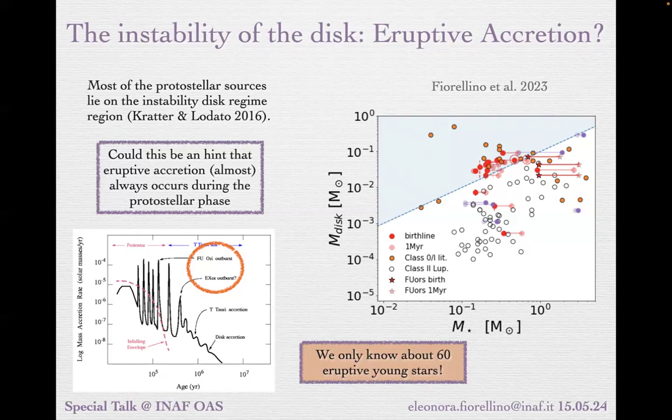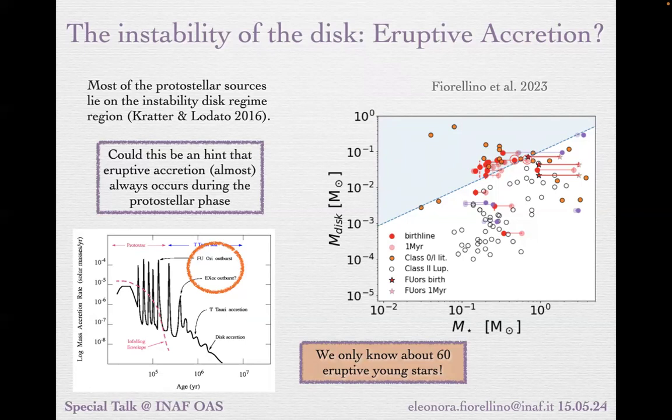So it can be that the disk is so massive because of the material coming from the envelope that at a certain point it's too much and it has to get away from the disk. In some cases, winds just dissipate this mass, so you don't have any instability. Sometimes the disk just gets larger and larger, so you don't have the instability.